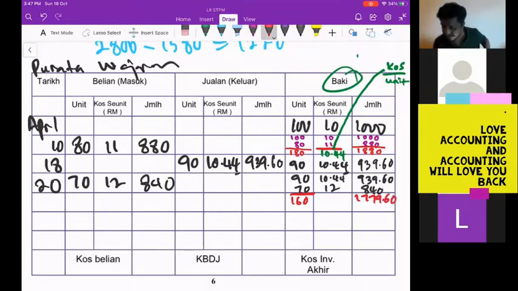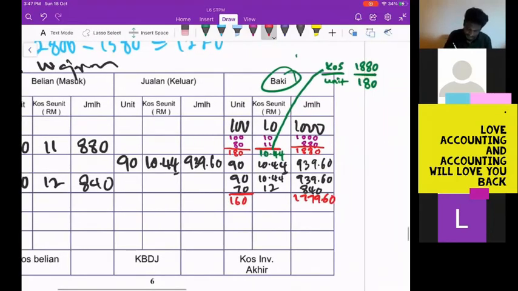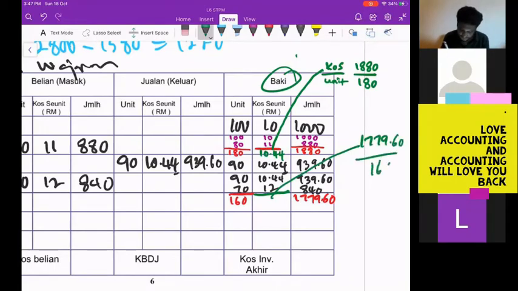So can you calculate how much is the cost per unit? Whenever you beli, you need to calculate cost per unit. How much?